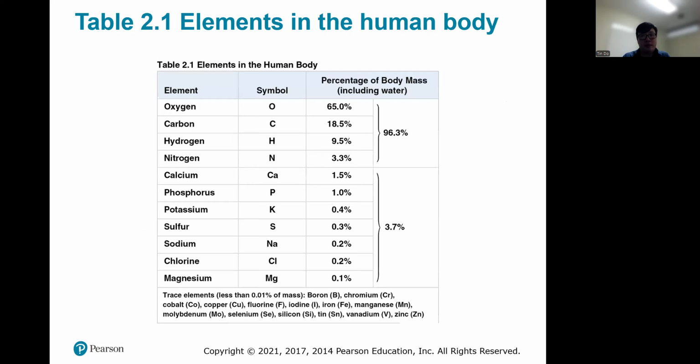So, if you want a nice breakdown of what it is, here's a nice chart, highly encourage just looking through it. And we can see around 96, 97% is the main four: oxygen, carbon, hydrogen, and nitrogen.